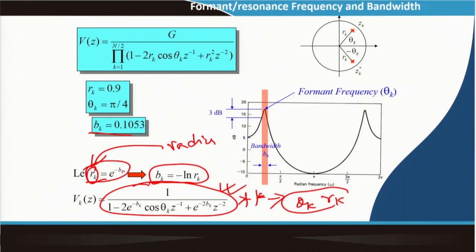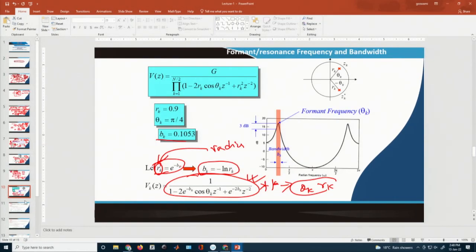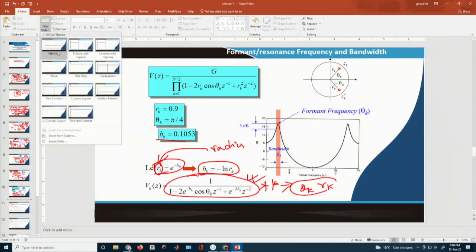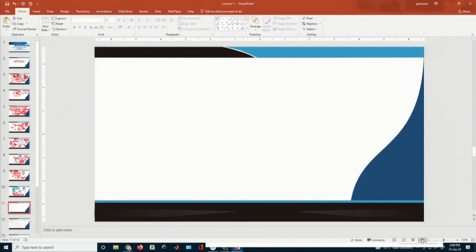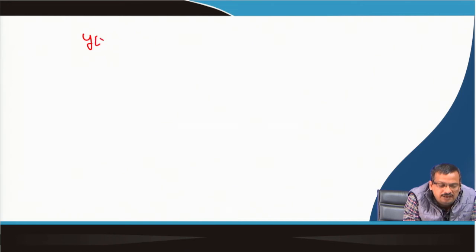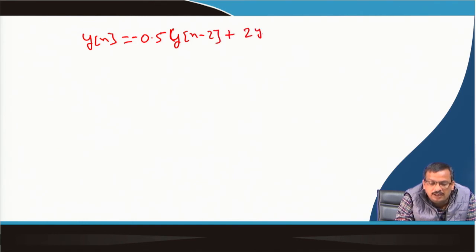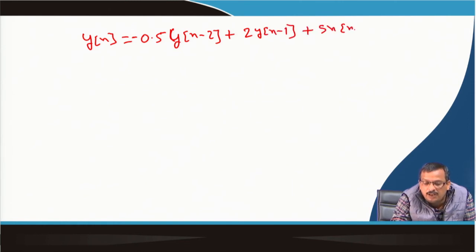Suppose I ask you to derive the transfer function of an LTI system expressed in a difference equation: y of n is equal to, let us say, 0.5 minus 0.5 y n minus 2 plus 2 into y n minus 1 plus 5 into x of n plus 3 into x of n minus 1.